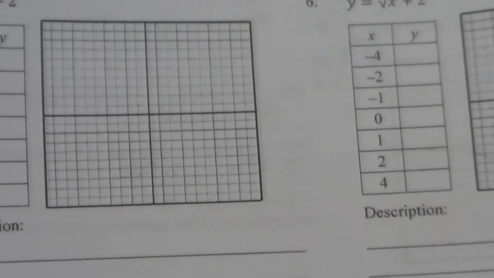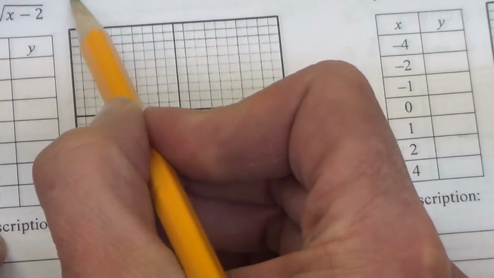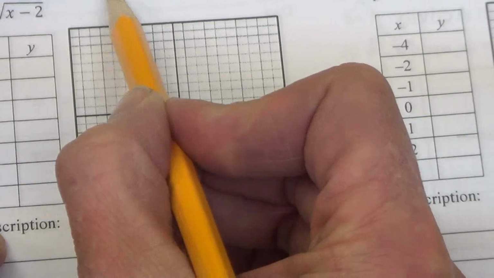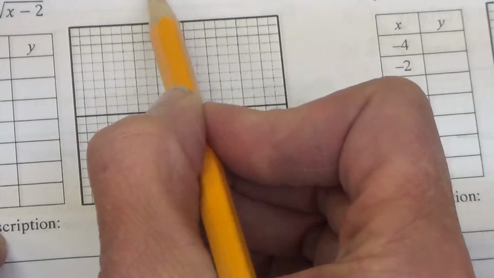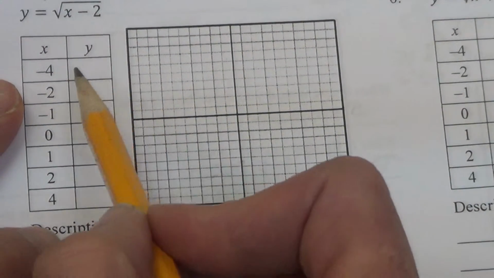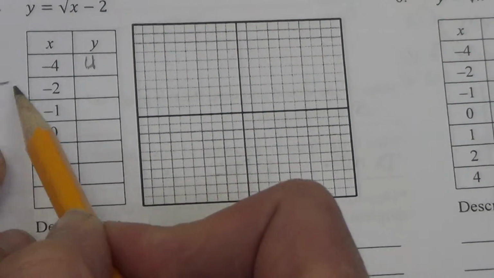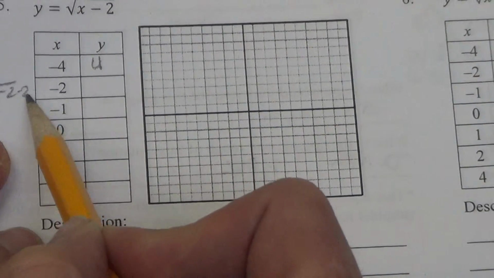Now we go back to the graphs and we go to this problem. Negative 4 minus 2 would be a negative 6. We can't do a square root of a negative number on a real number line, so that would be undefined. Negative 2 minus 2 would be negative 4.